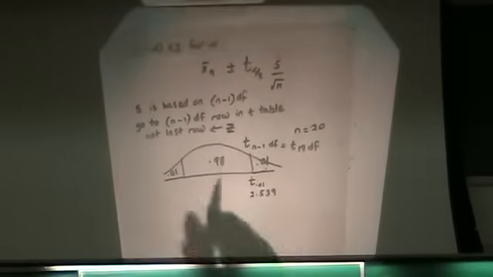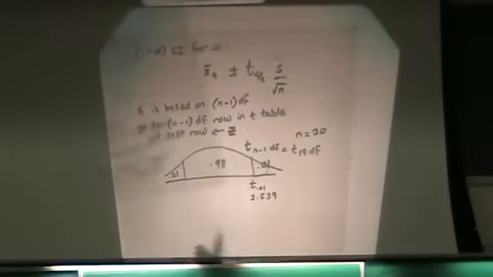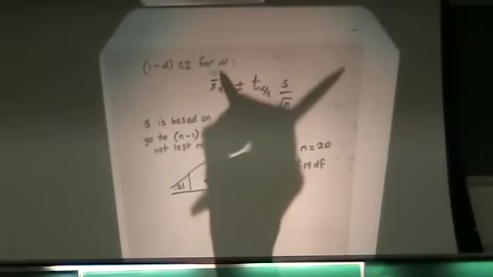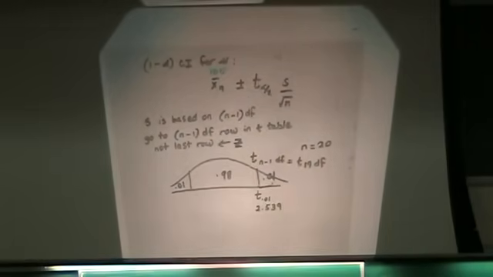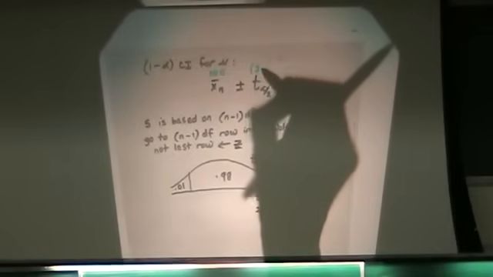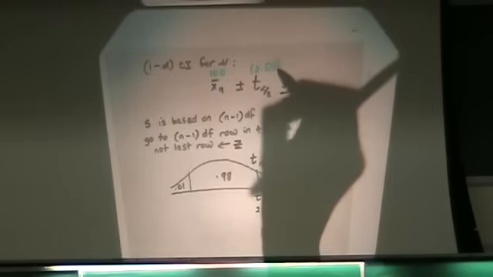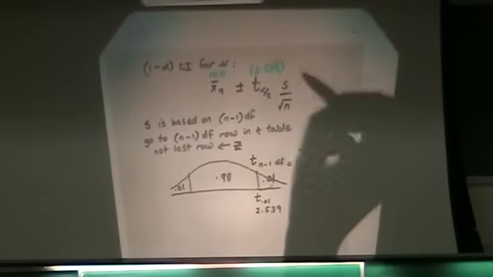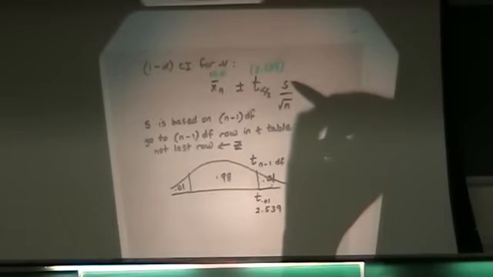X bar, I'll put it in here. X bar is 100 plus or minus 2.539. S was found to be 3.